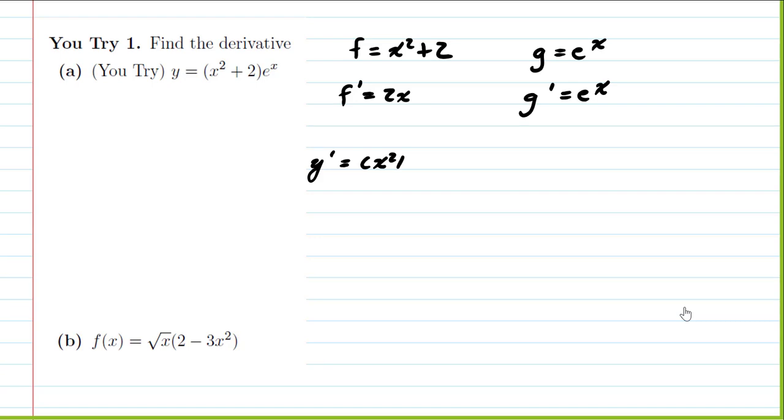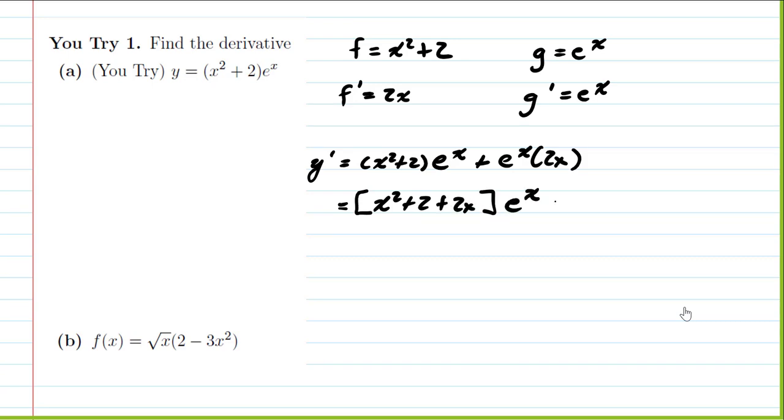So we get x squared plus 2 times g prime, which is e to the x, plus g times f prime, which is e to the x times 2x. And that's a perfectly good answer. If you really feel like it, you can factor out your common e to the x, and you get x squared plus 2 plus 2x times e to the x, or x squared plus 2x plus 2, writing in descending order.